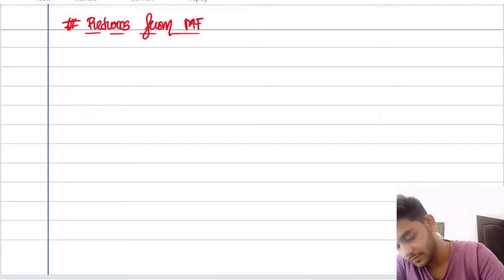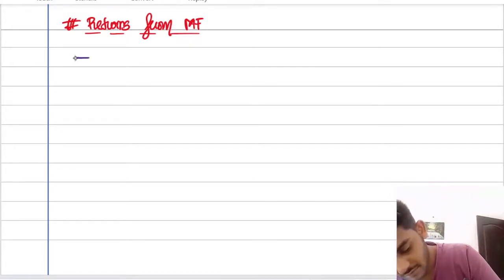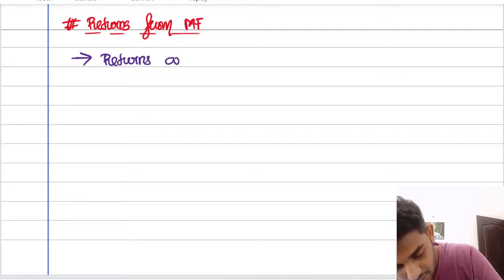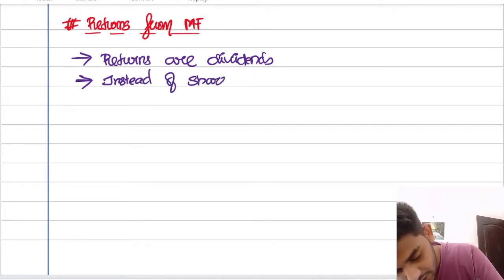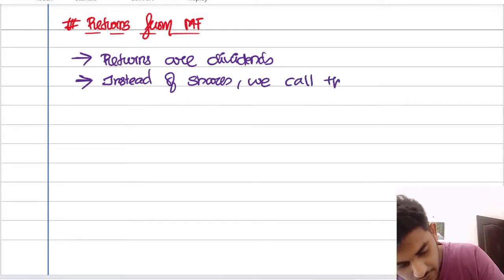Returns are dividends. Instead of shares, we call the investments units.